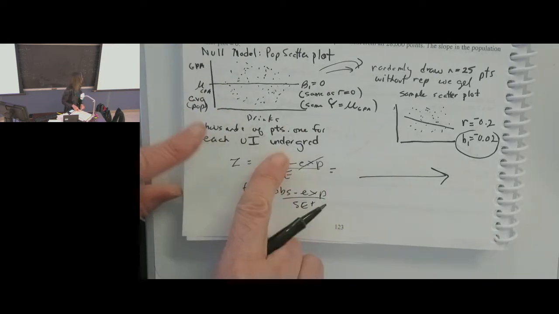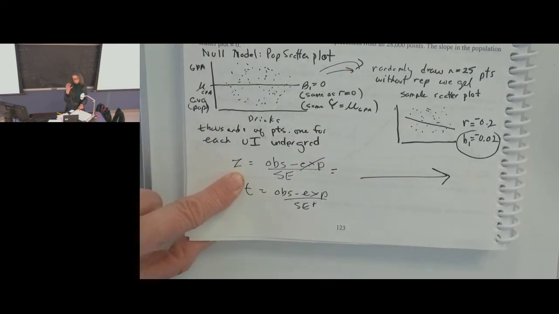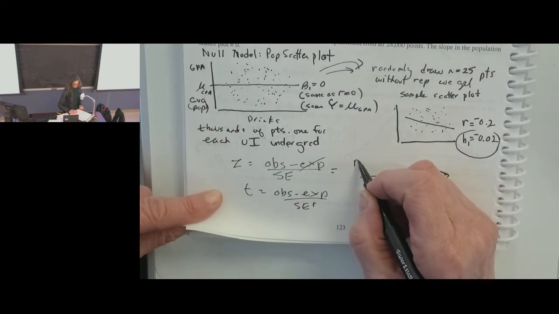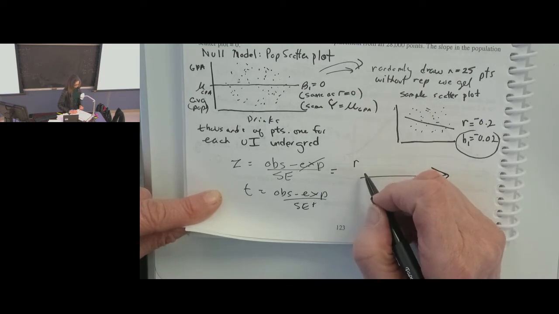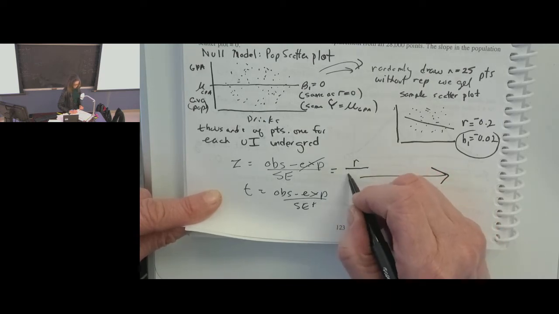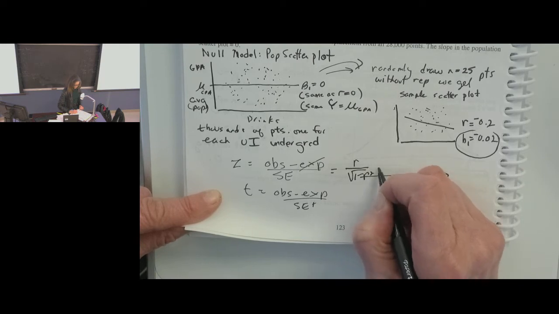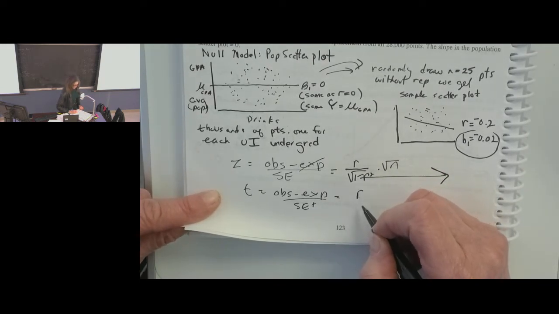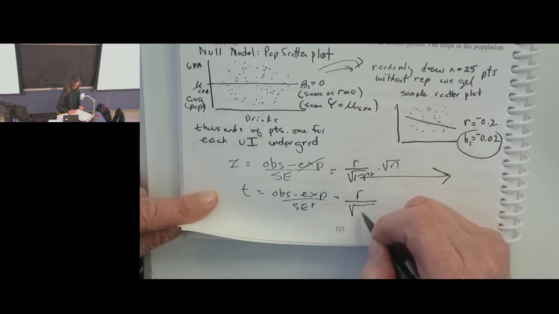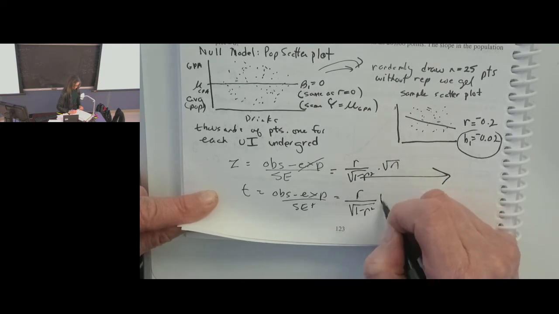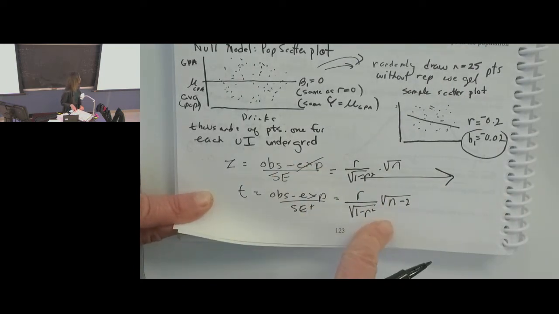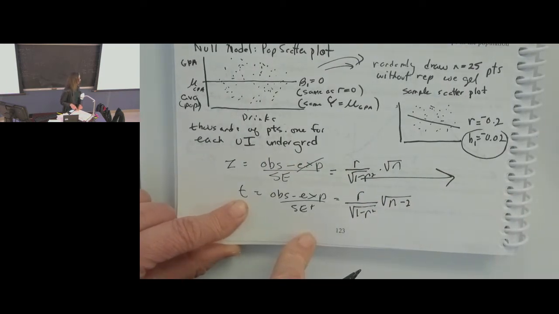The cool thing is that the slopes get eliminated and we get a statistic in terms of r and square root of n. It's r over the square root of 1 minus r squared times the square root of n, or for this one, r over the square root of 1 minus r squared times the square root of n minus 2. That's what it boils down to, even though it's about slopes.